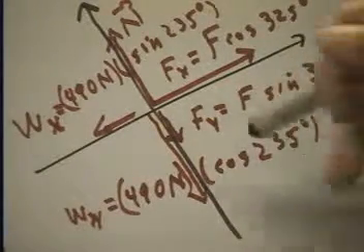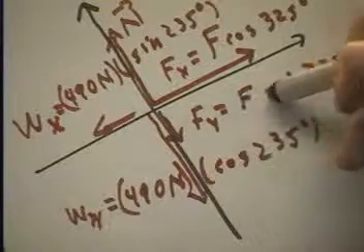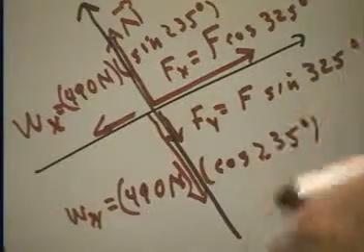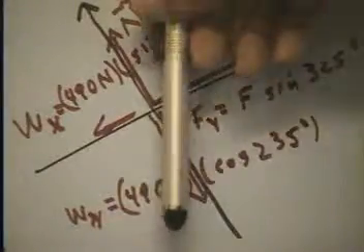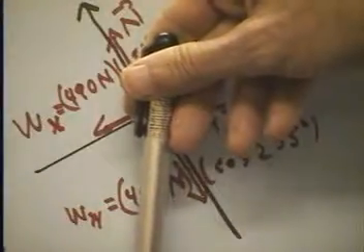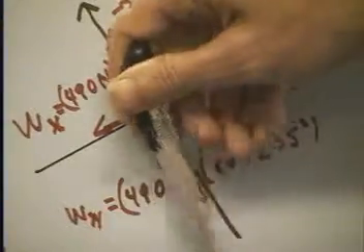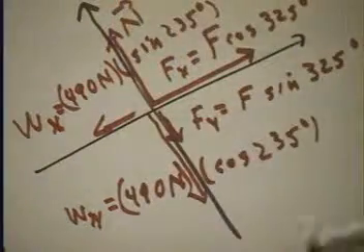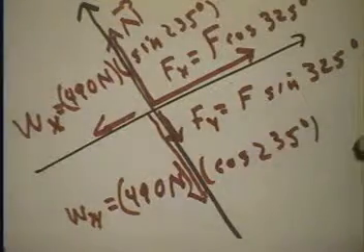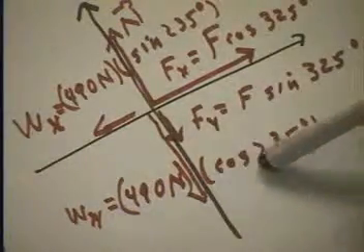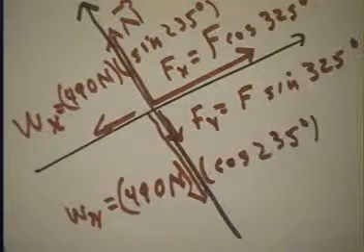The y component of the force will of course be the magnitude of the force times the sine of that angle. The weight is in this direction, and that's 35 degrees back from the negative y-axis. And 35 degrees back from the negative y-axis is 35 from 270, or 235 degrees.